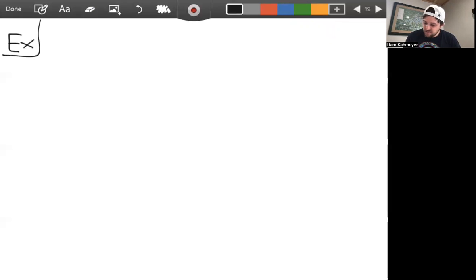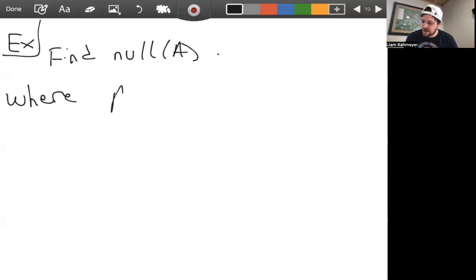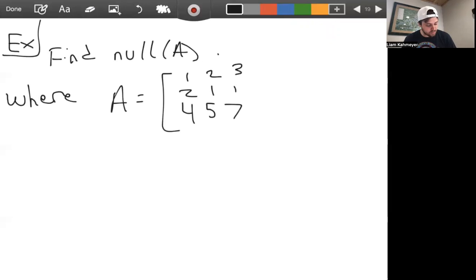Let's say we want to find the null space of the matrix A, where A is the 3x4 matrix given by 1, 2, 4 in the first column, 2, 1, 5 in the second column, 3, 1, 7 in the third column, and 0, 2, 2 in the fourth column. All right. How do you find the null space of a matrix?